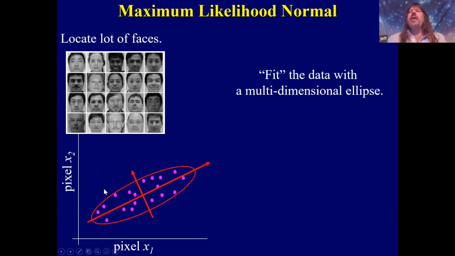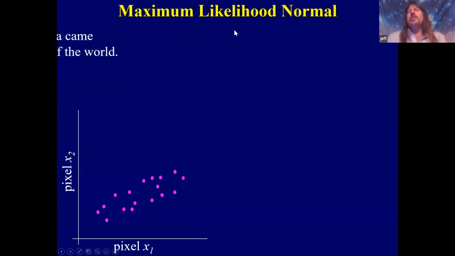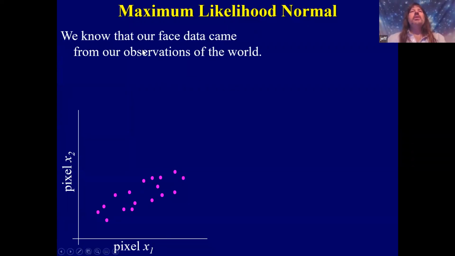Remember our goal was to fit an ellipse around this data, and we were asking how you do that. We're going to use maximum likelihood. So what does that mean here?